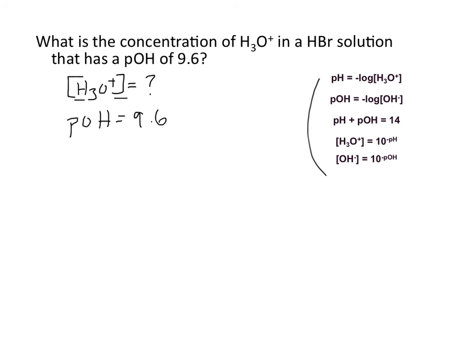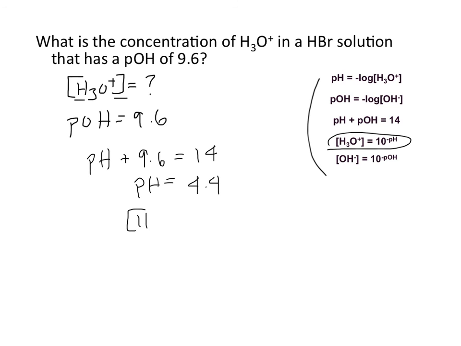So what we're going to do is pH plus 9.6, which is our pOH, equals 14. So pH is going to be equal to 14 minus 9.6, and that's going to give us a pH of 4.4. Now, pH is not necessarily directly convertible from the first several equations, but if we look at the anti-log equations here, we can subsequently figure out our H3O+ concentration.